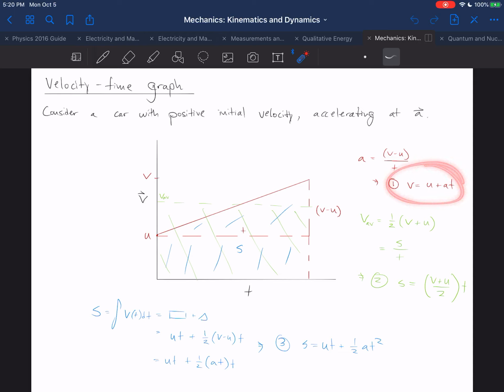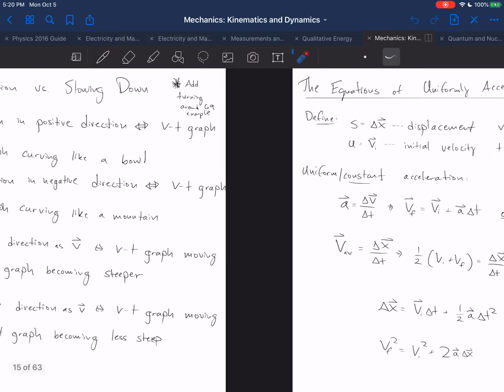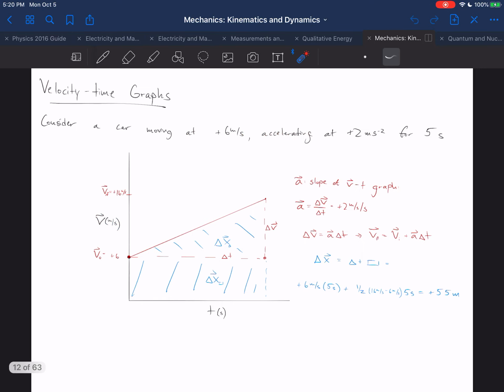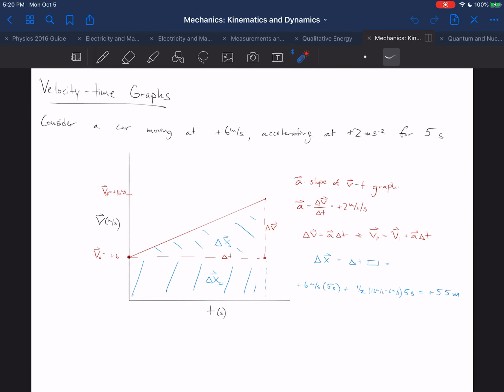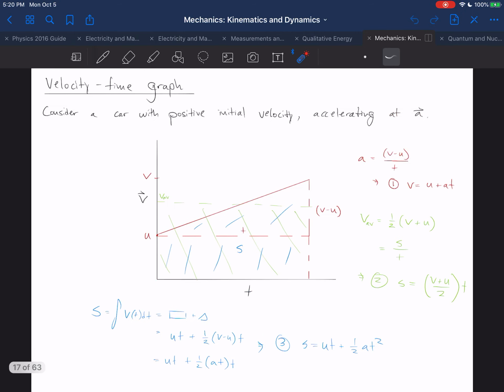If this looks familiar, this says the final velocity is the initial velocity plus the acceleration times the time interval. That's because it is exactly the equation that we derived way back when we considered this velocity time graph for the first time. And so our first SUVAT equation stems from the definition of the acceleration over this particular time interval.